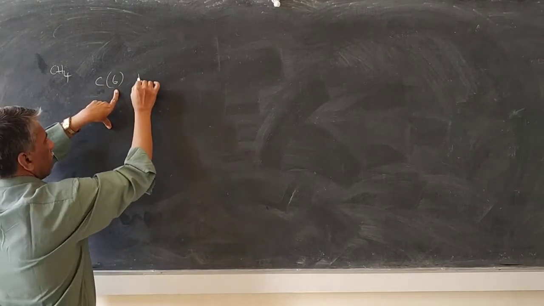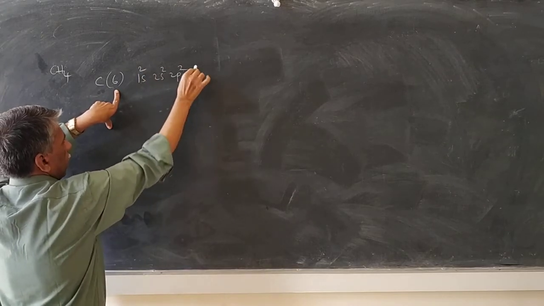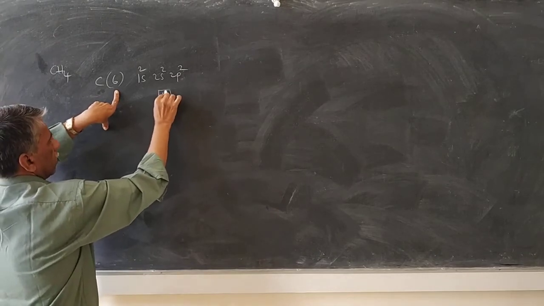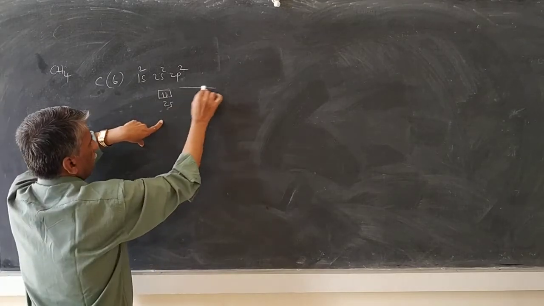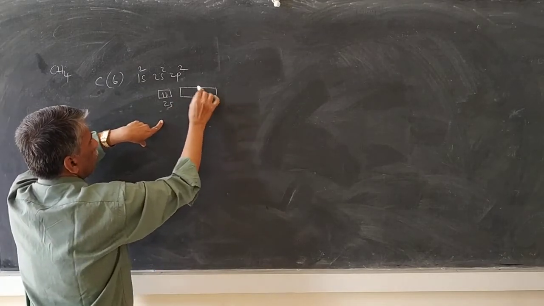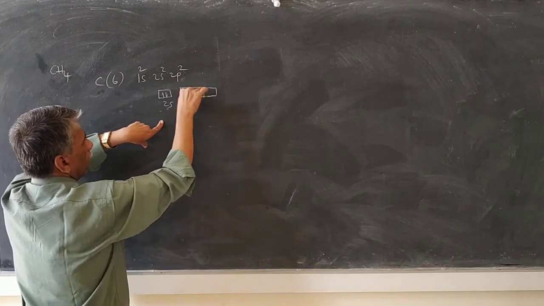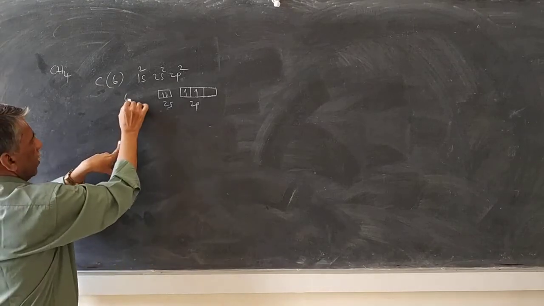Write down its electronic configuration: 1s2, 2s2, 2p2. So this is 2s. 2s contains 2 electrons and 2p contains 2 electrons, 1, 1. This is 2p. This is the ground state configuration.